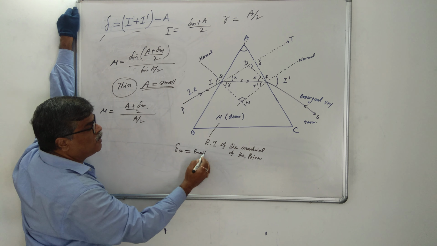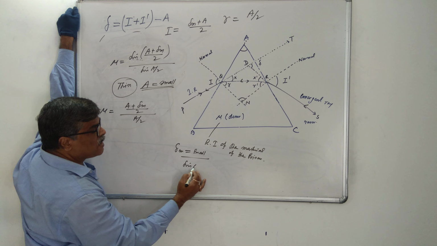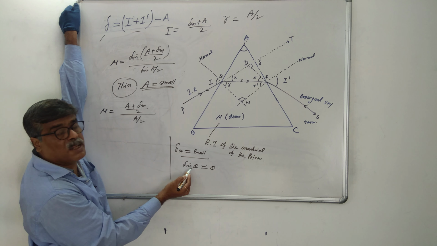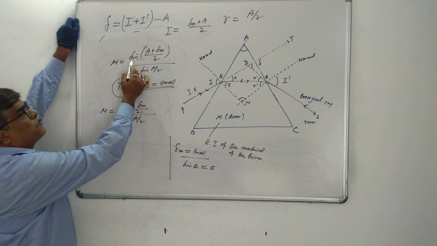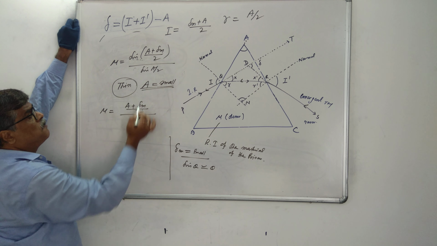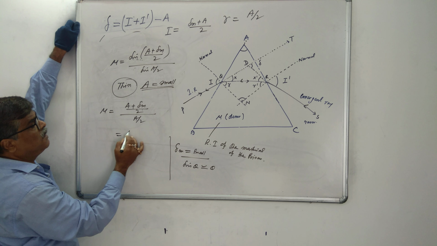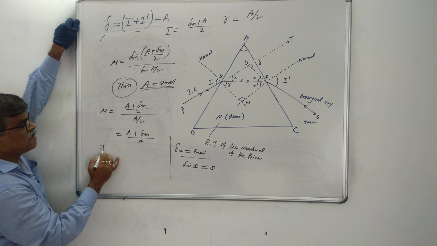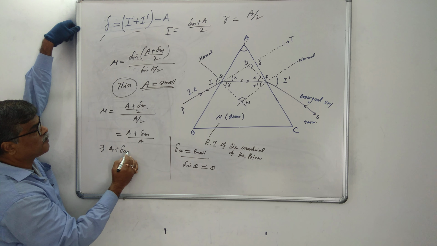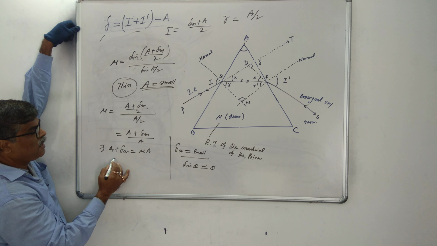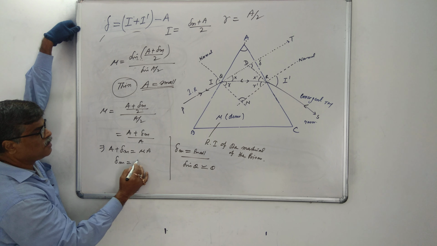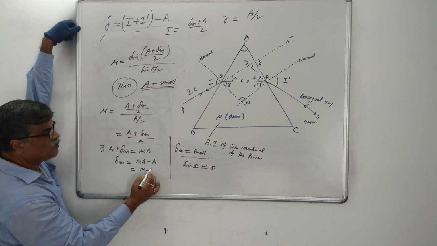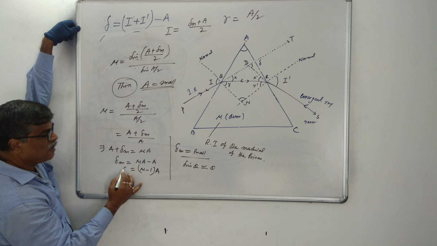Then we know for a small angle, sin theta is equal to theta. Therefore, mu is equal to (A plus delta M) by 2 divided by A by 2, which is (A plus delta M) divided by A. So A plus delta M is equal to mu A, and delta M is equal to mu A minus A. The result becomes (mu minus 1) A.